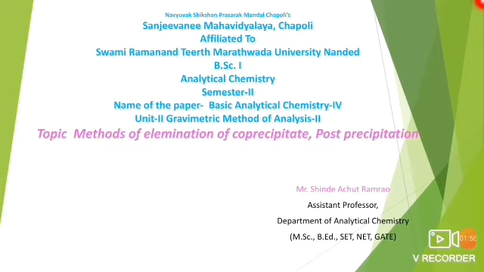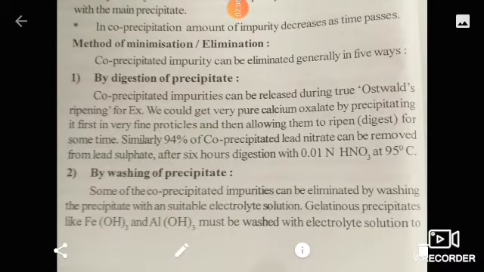So let's see the methods of minimization and elimination of co-precipitate. Co-precipitated impurities can generally be eliminated in 5 ways. So what are the 5 ways used for the elimination of co-precipitated impurities?